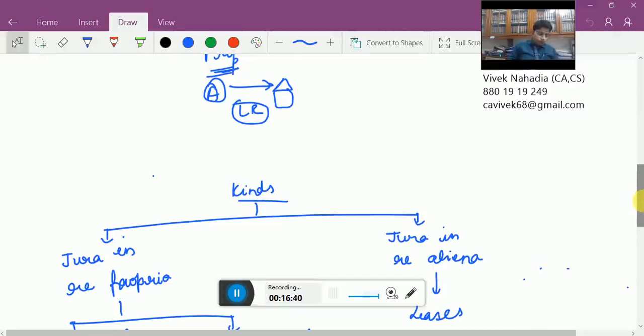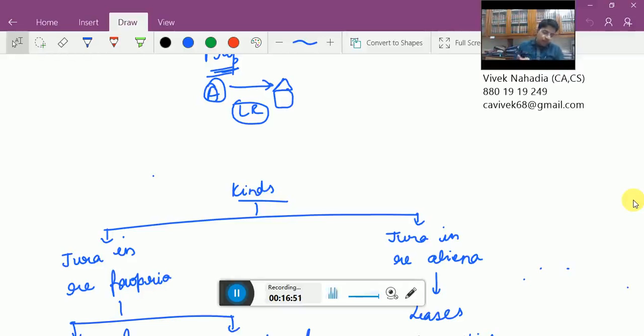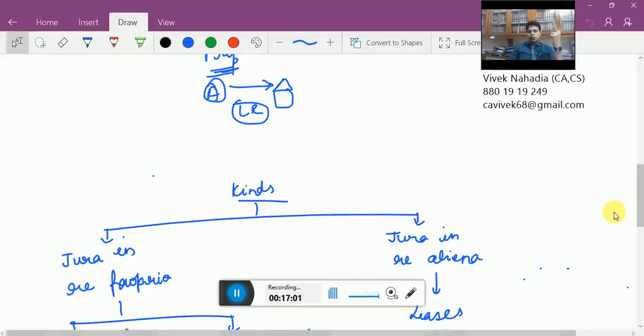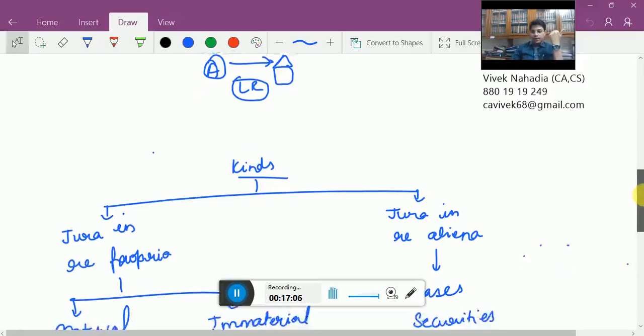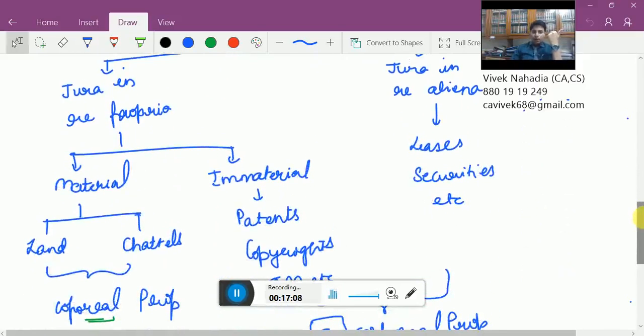Then we discussed the definition of property, and property includes all legal rights of the owner of that property, and the law recognizes his rights. Then we talked about the kinds of property. Kinds of property are two: jura in re propria and jura in re aliena. Jura in re propria is divided into two: material and immaterial.